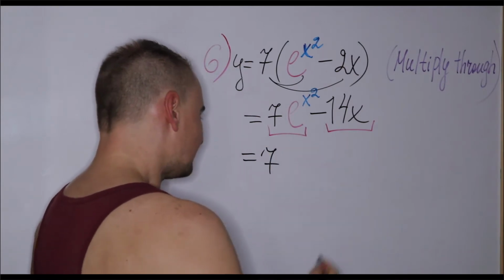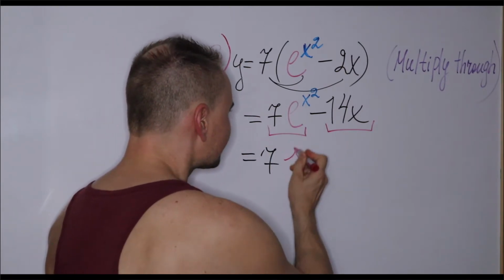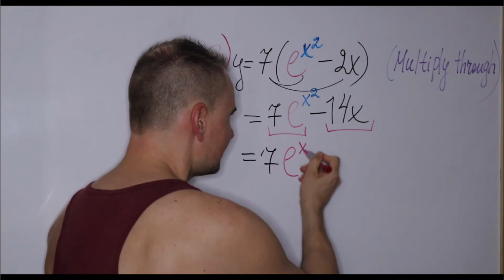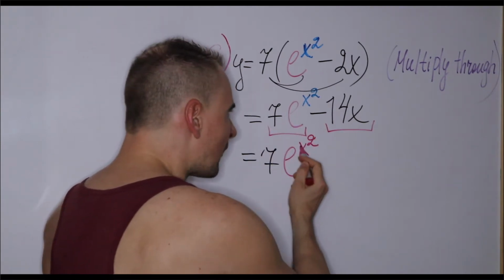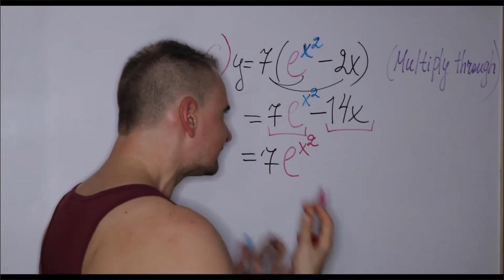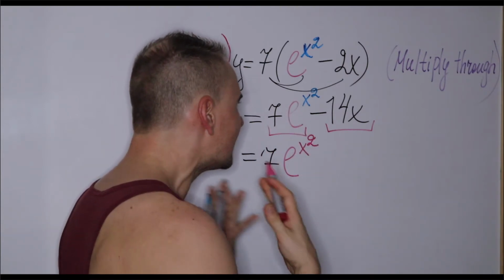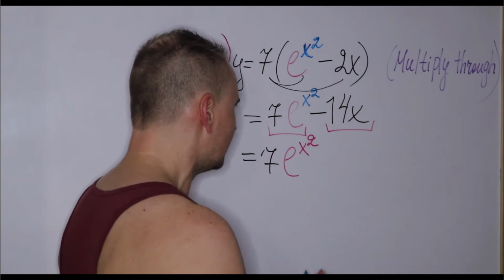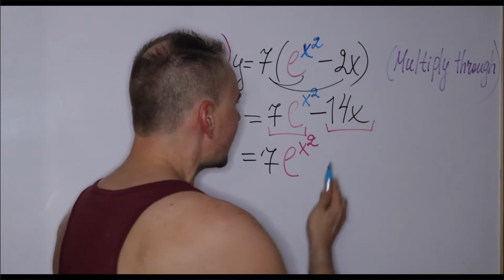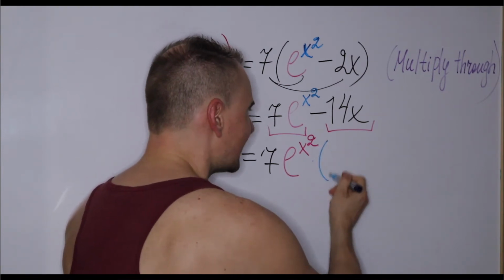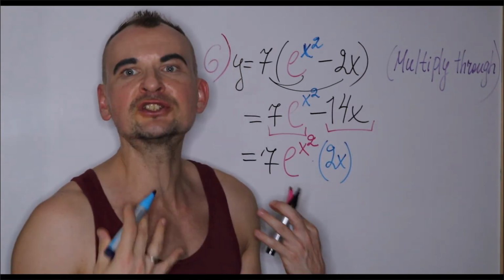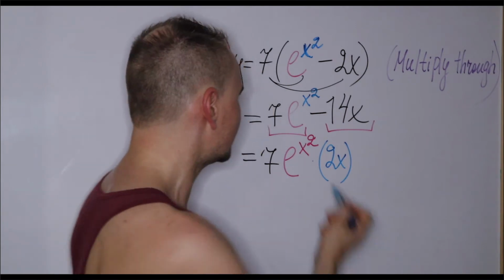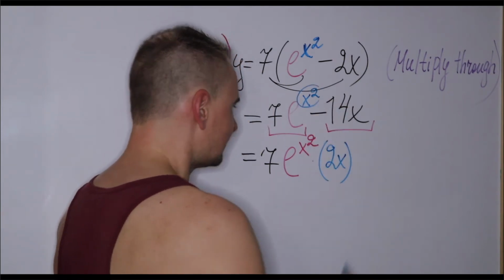So your outside function is e. The derivative of e is the same, e to this power. Again, your function is made of x squared, which appears to be an inner function, and you want to take the derivative of x squared, and the derivative of x squared is just 2x. So this term gets multiplied by 2x, which again comes from the derivative of the inside x squared.